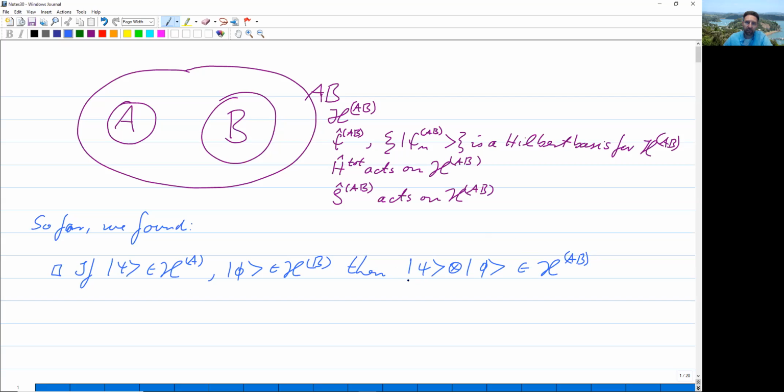And all those vectors are what are called unentangled vectors.